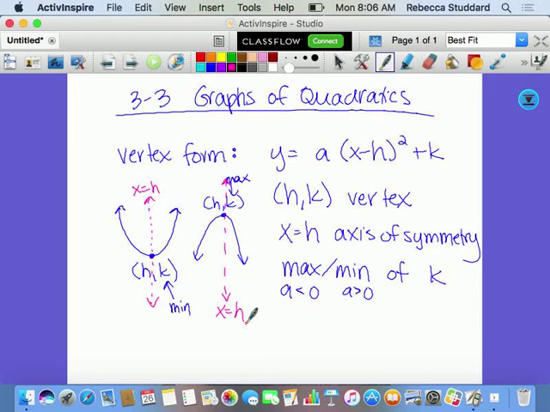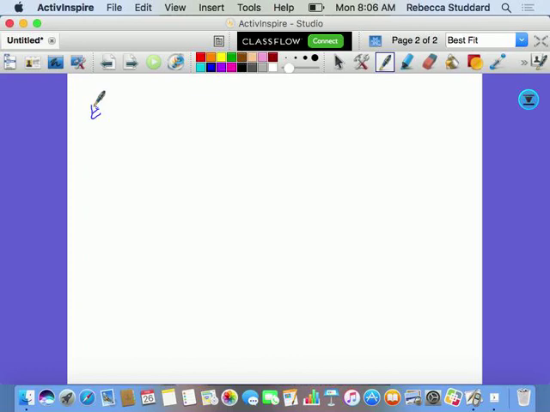Okay, example 1. Find the vertex. I'm going to put AOS for axis of symmetry. And max or min.